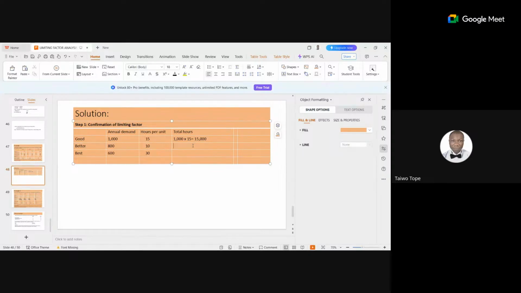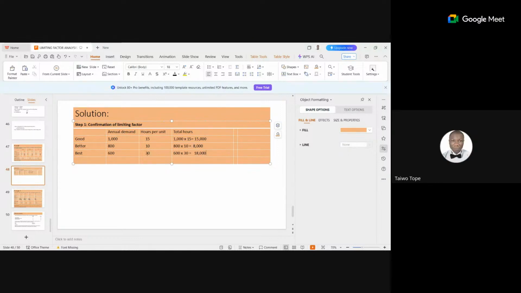For better, it will be 800 multiplied by 10. It will be 8,000. And for best, it will be 600 multiplied by 30, which is 18,000.